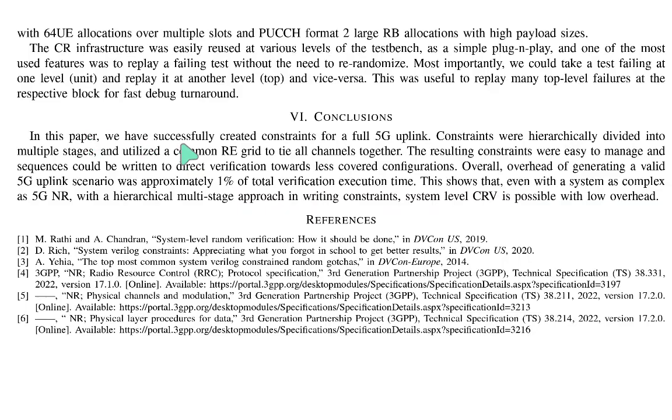In this paper, we have successfully created constraints for a full 5G uplink. Constraints were hierarchically divided into multiple stages and utilized the common array grid to tie all channels together.